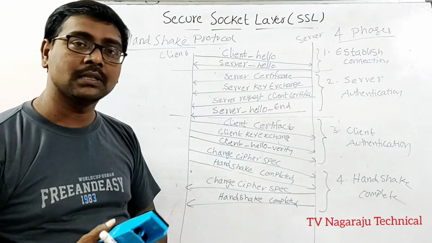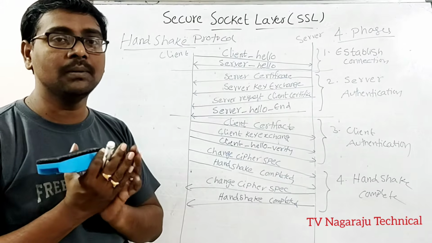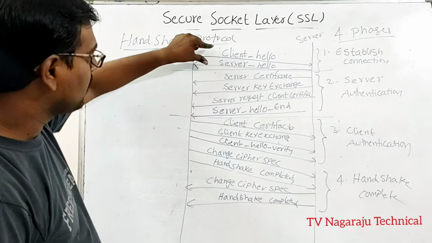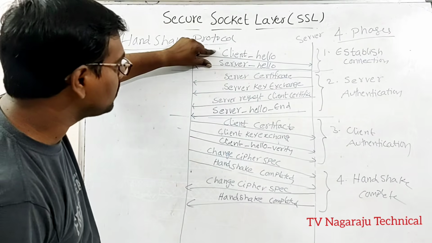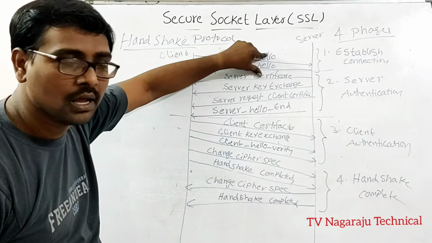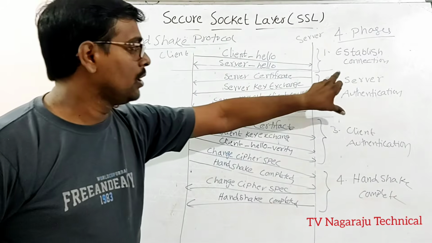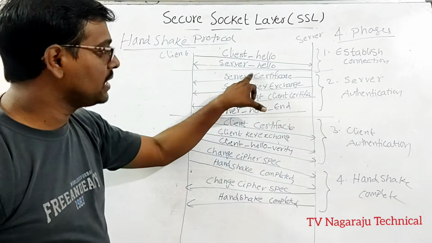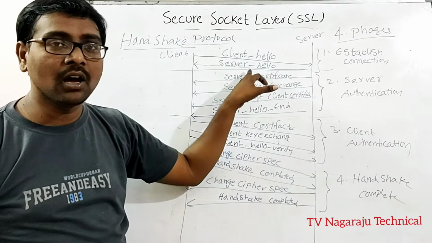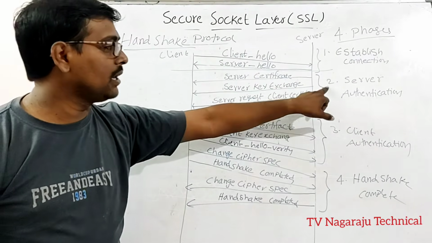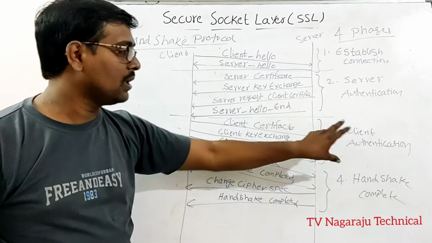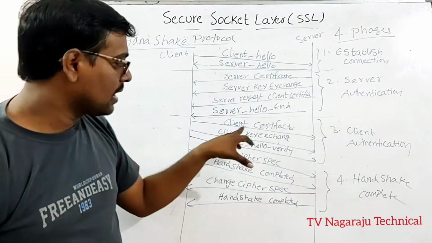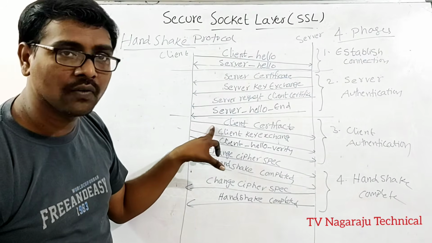So this is the handshake protocol. The main purpose is to establish a session between the client and server. In the first phase, it establishes the connection by transferring the hello messages. Now you need to verify the authentication of the server by sending the server certificate along with key exchange, and it requests the client certificate. Similarly, you need to prove the client authentication. The client sends its certificate along with key exchange.